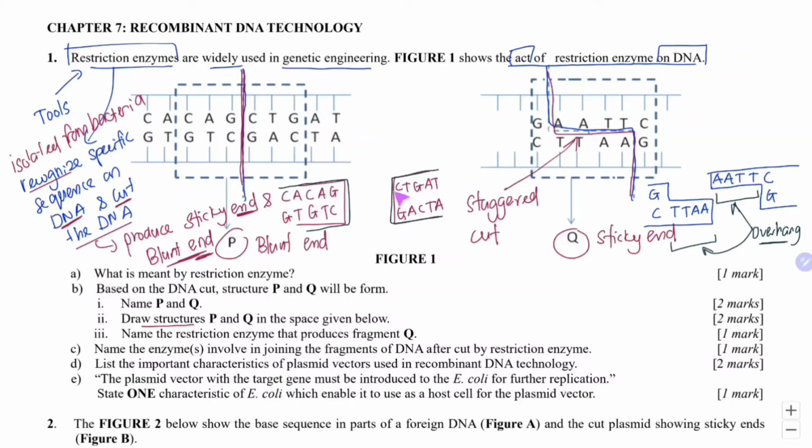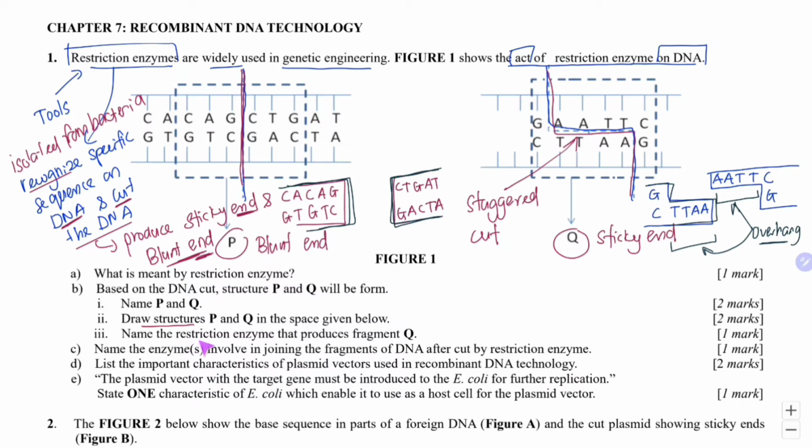So dia tak ada overhang, so that's why dia bukannya sticky. So in terms of for this question, so inilah structure yang kena lukis. So awak kena jarakkan dua DNA yang sudah kena cut tadi untuk menunjukkan the cut pattern by the enzyme, sama ada blunt end ataupun sticky end.